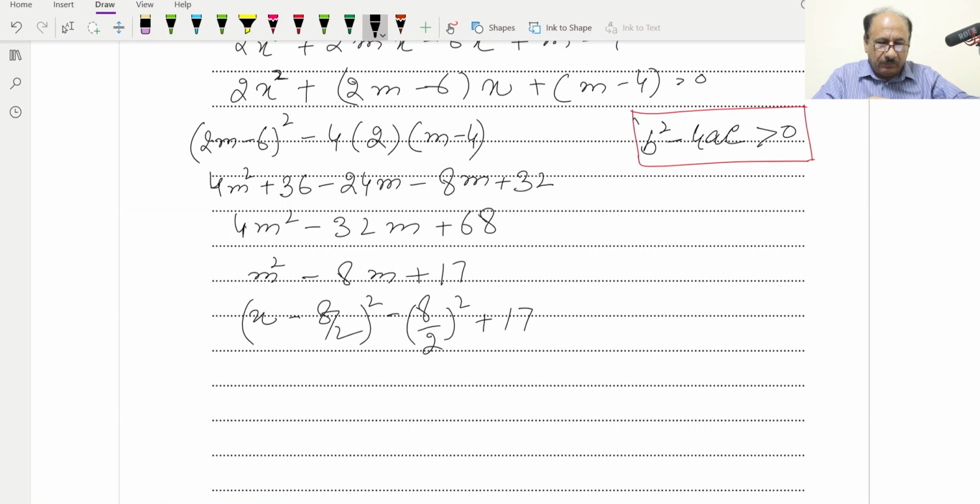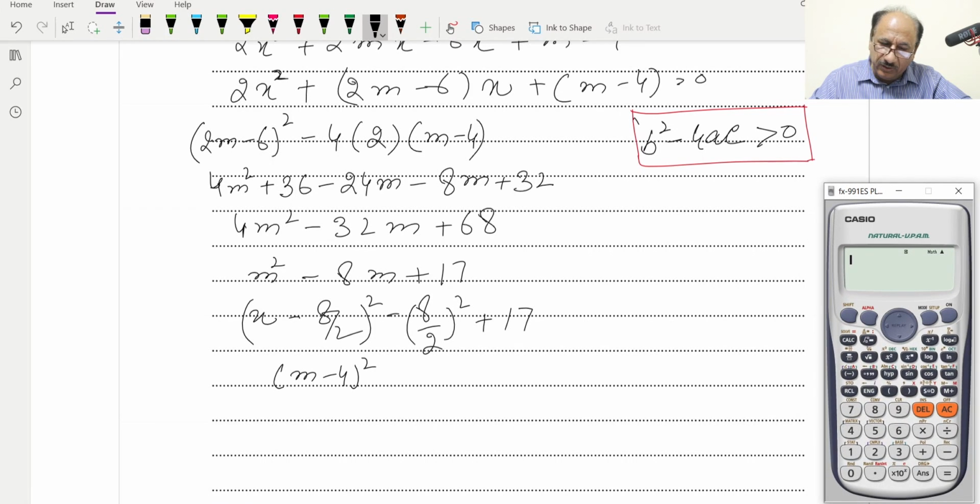This is how we have completed the square, and then we can write it as m minus 8 by 2, which means m minus 4. So m minus 4 squared, and this value we can simplify, it is minus 8 divided by 2, and this will be taken as a square, or you can write 4 squared.